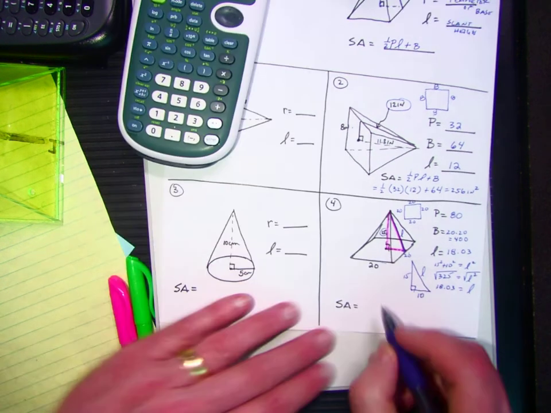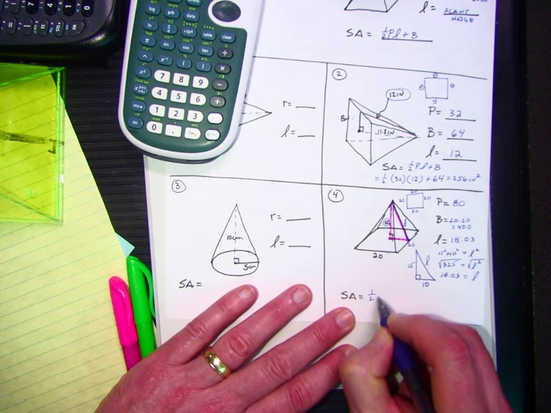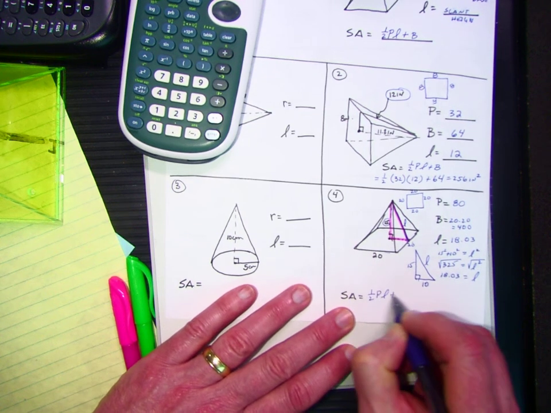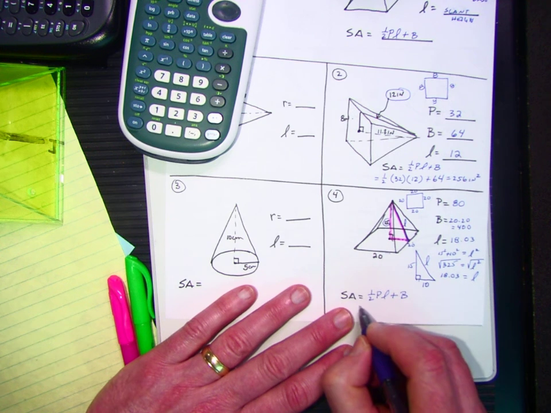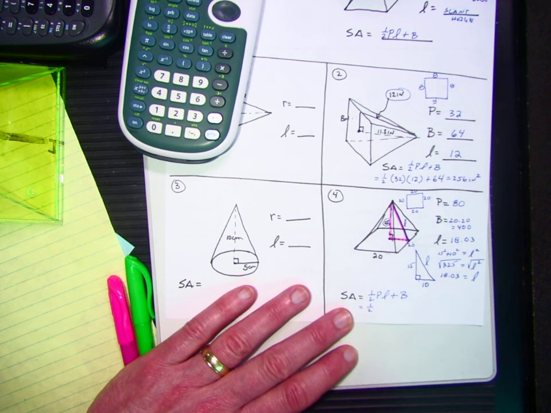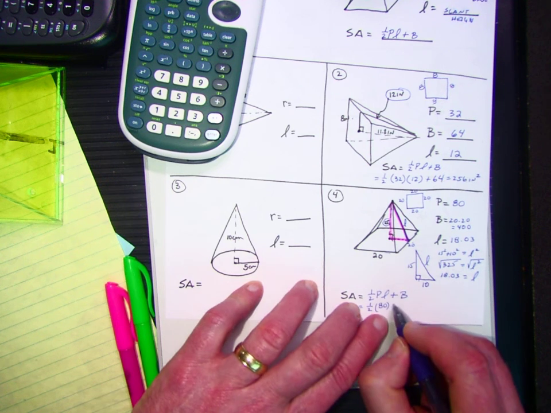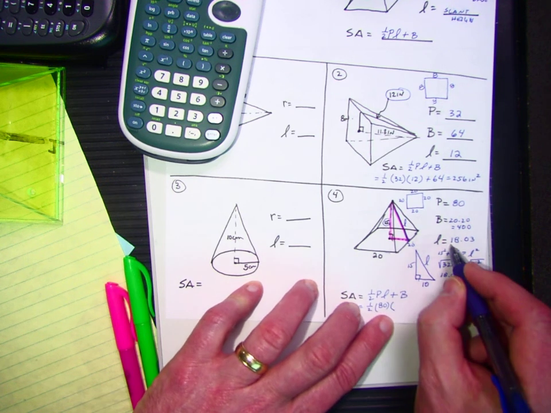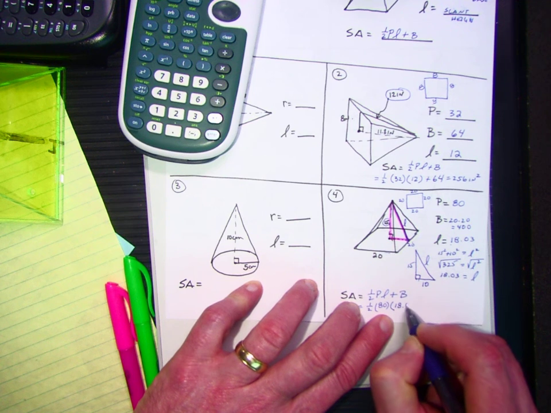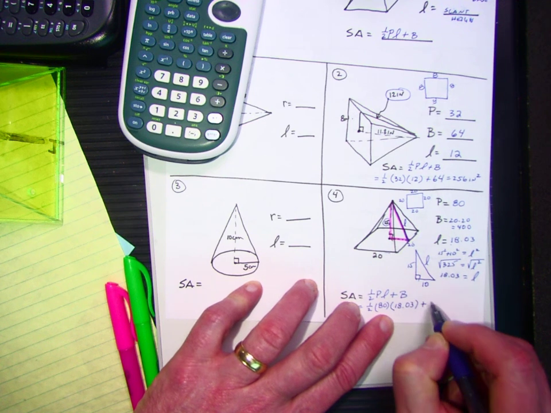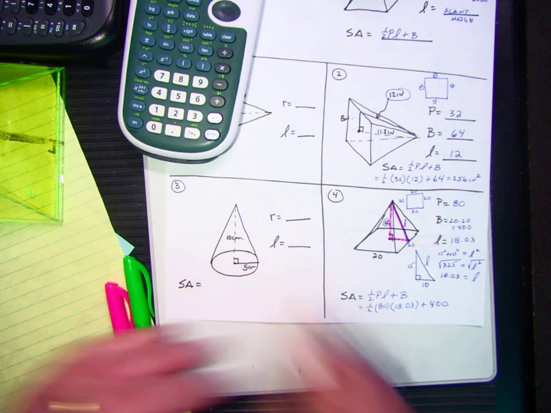For a pyramid, it's going to be 1/2 of PL plus B. So let's plug everything in. I get half of P, which was 80, times the slant height, which was 18.03, plus one of the bases, which is 400.